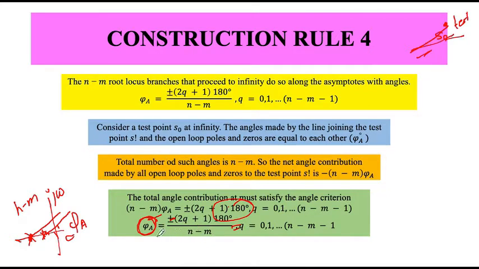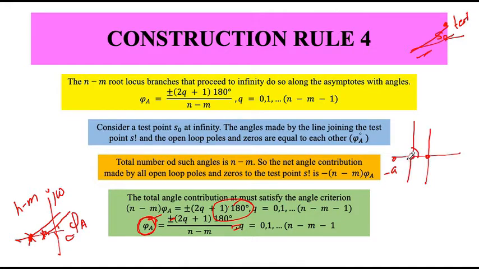So let's do the same example again. Let's take the poles at 0 and minus a. Now two branches go to infinity from some point. So what is phi a?